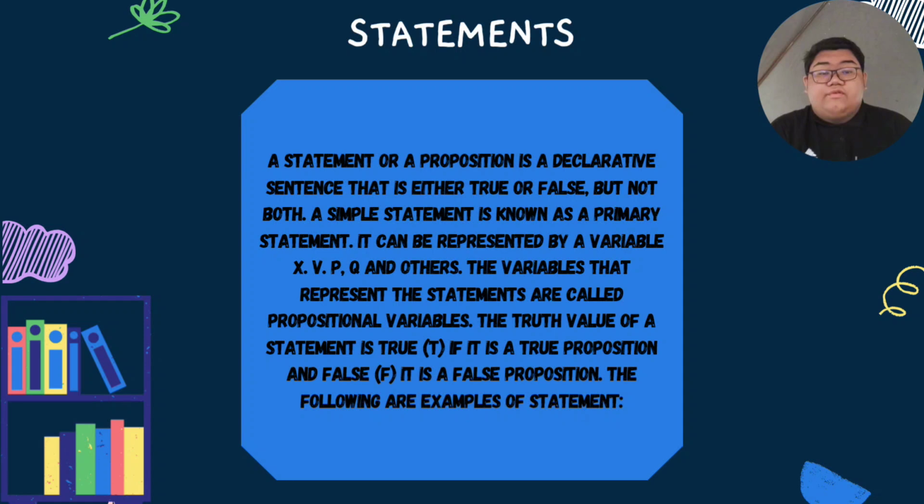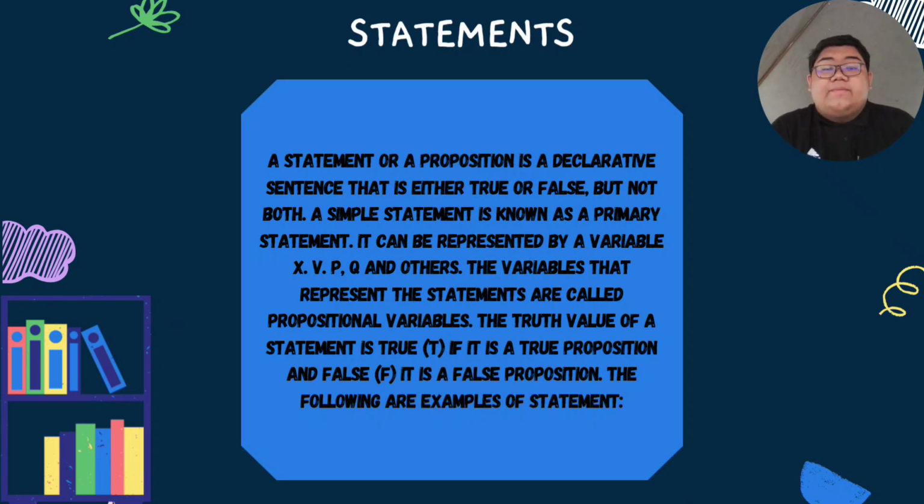Okay, first of all, we focus on a statement. What is a statement? A statement or a proposition is a declarative sentence that is either true or false, but not both. A simple statement is known as a primary statement. It can be represented by a variable x, y, p, q, and others.